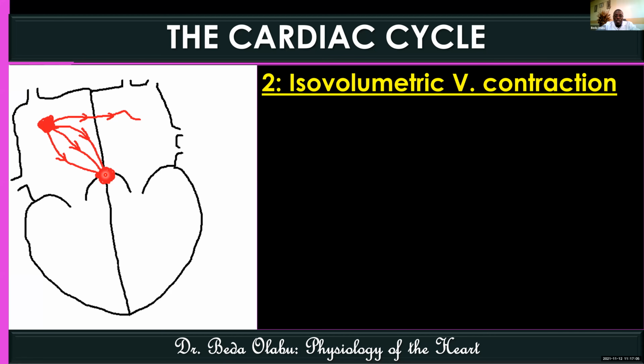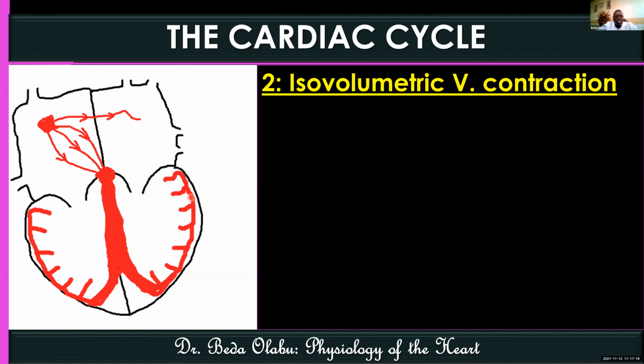We talked of AV nodal delay, which allows the atrial events to be ahead of the ventricular events. After that delay, impulses will then move to the AV bundle and its branches, and also to the Purkinje fibers and the rest of the ventricular musculature. I'm talking about the QRS complex of the ECG. And in response to the QRS complex, the ventricular musculature undergoes contraction.